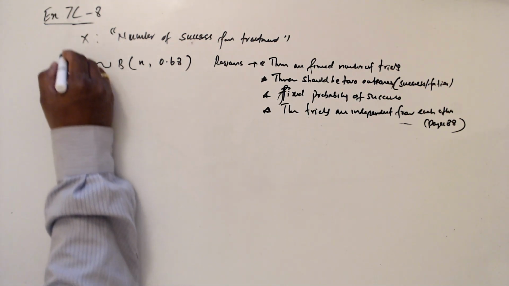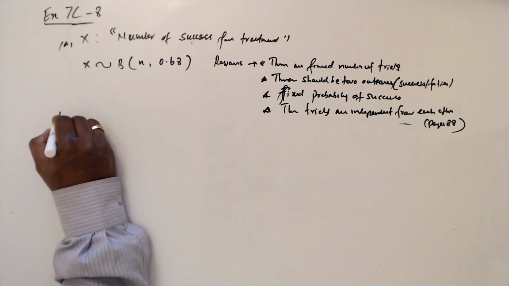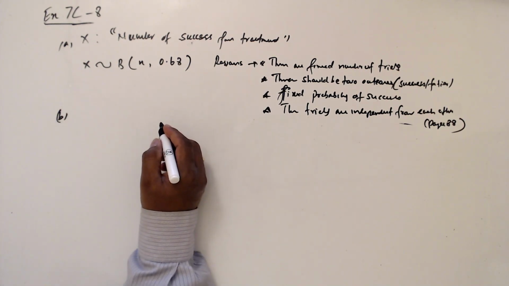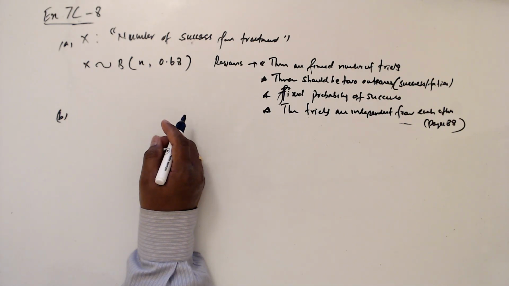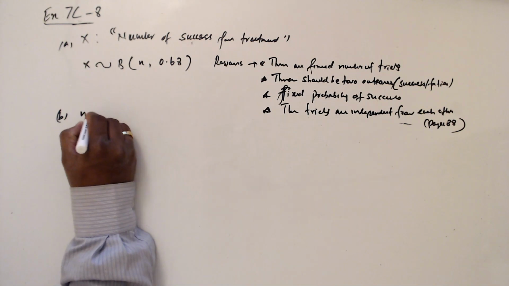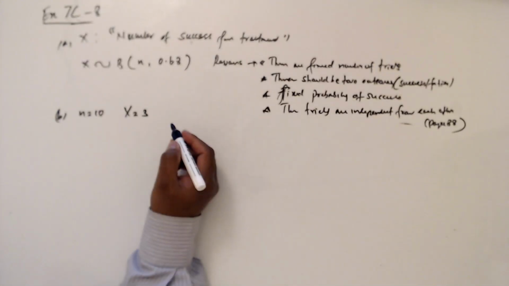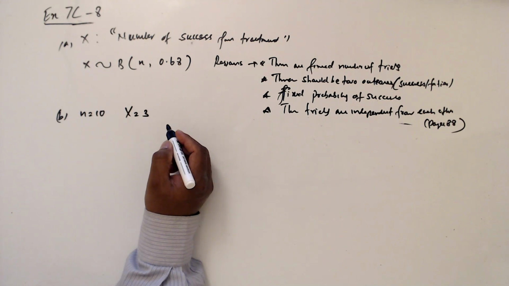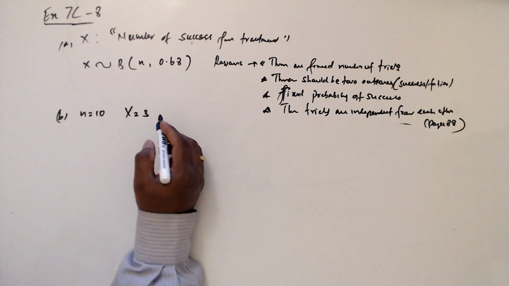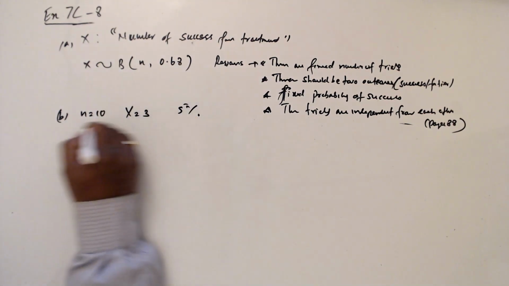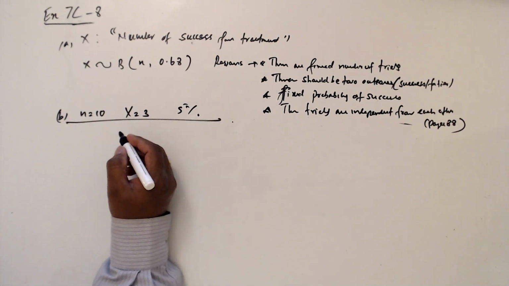Part B. A random sample of 10 patients, only 3 successful. So n equals 10 and x equals 3. So those are the data given. We have to test at the 5% significance level.